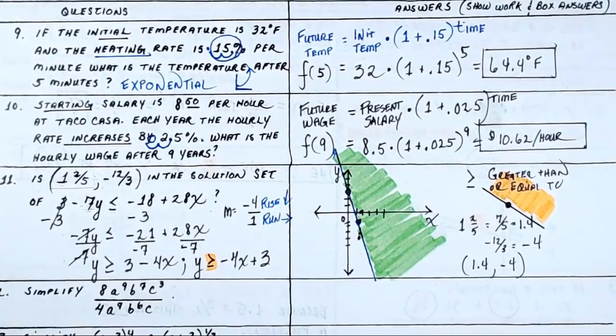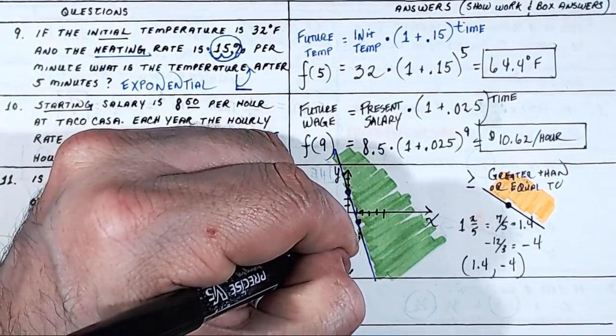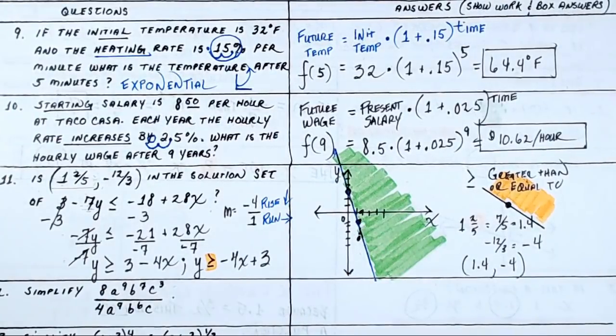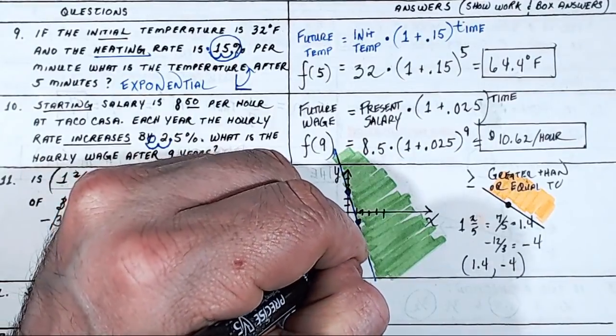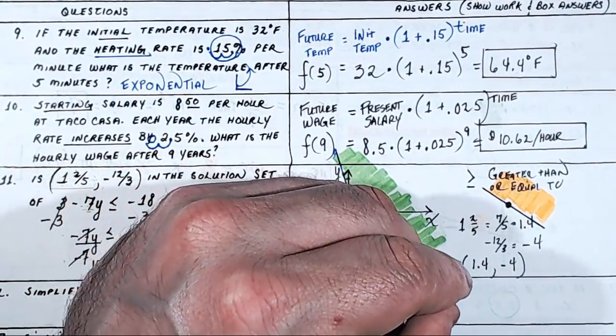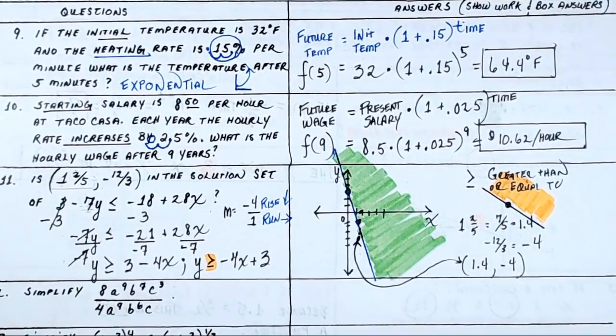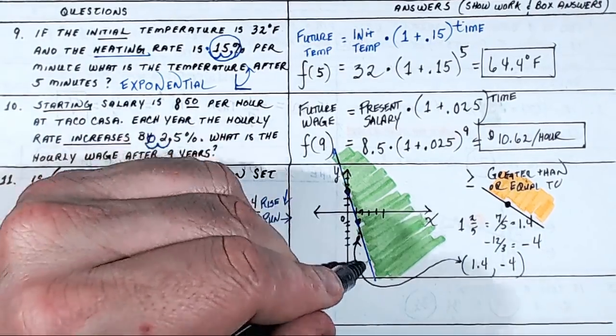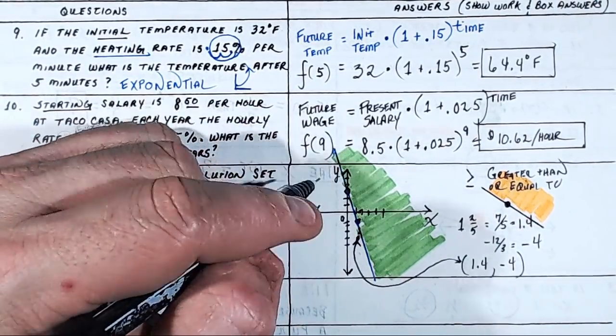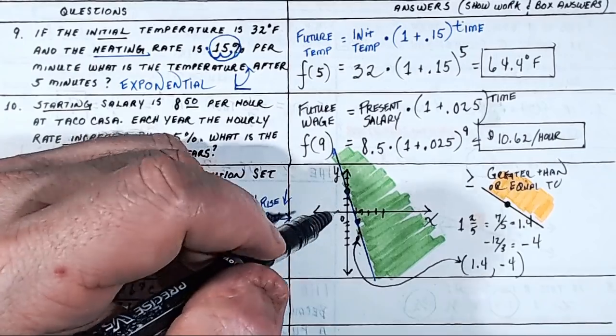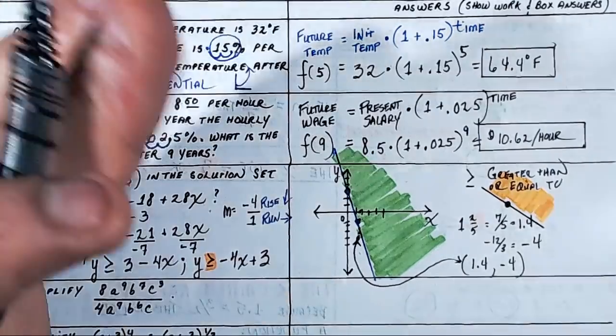Right there, I am outside the solution set. That's where that point lives. It's just below the line. But because it's not in the shaded region, it is not on our graph, and we can throw it out.